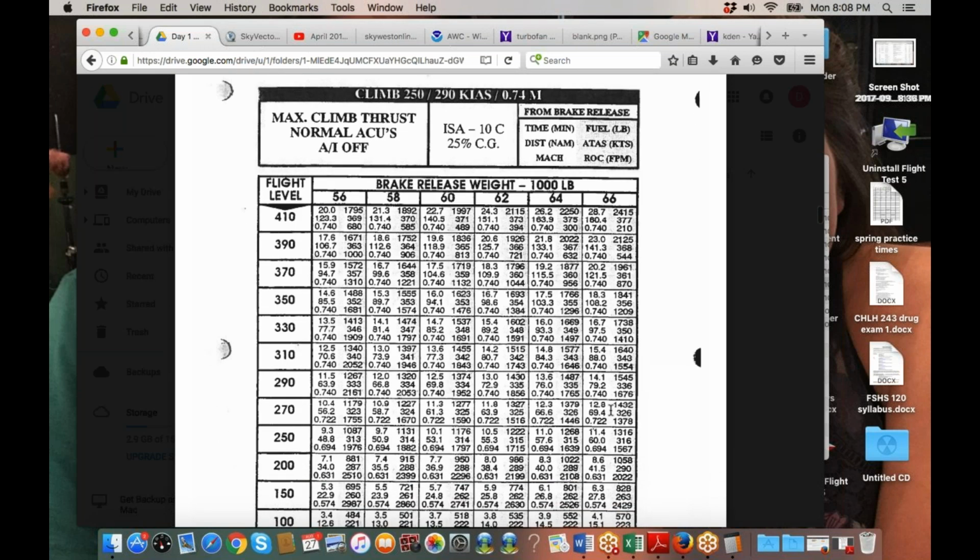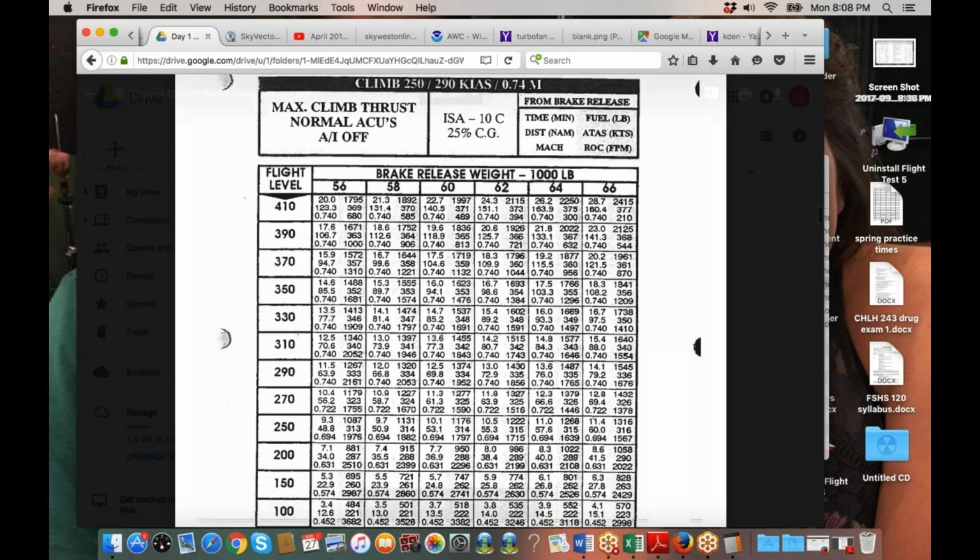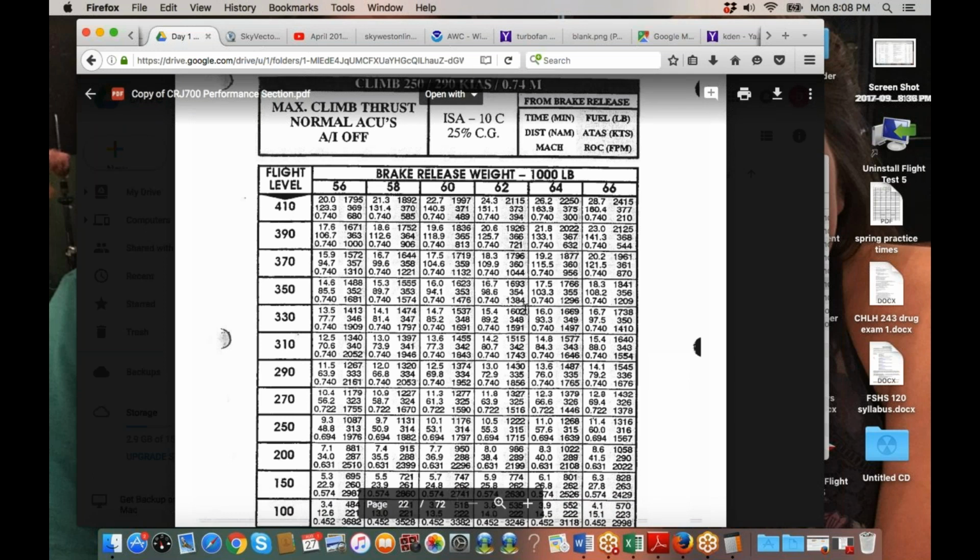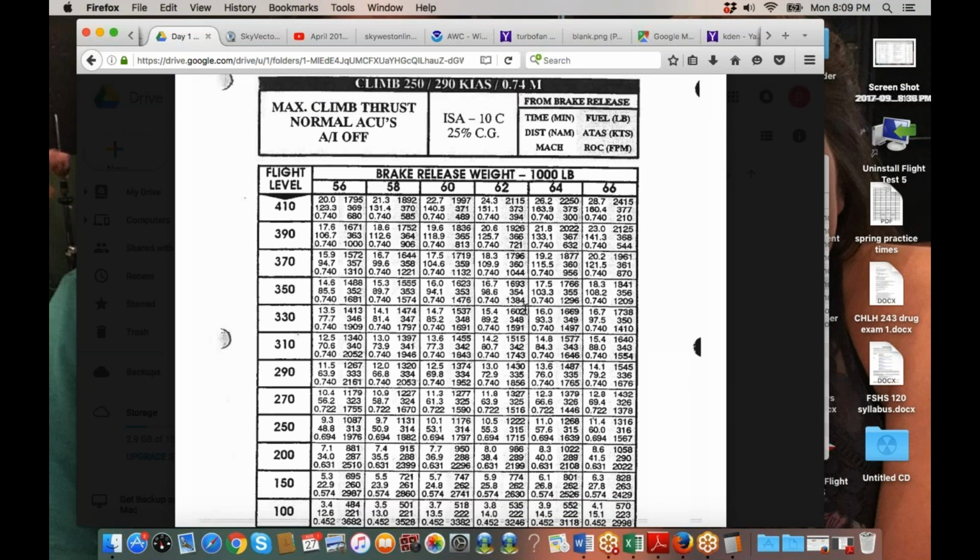Okay, this is actually a really cool one, and we'll talk about this one for a minute because you will use this in flight planning. This is a cruise table. So what this does is when we're doing flight plans by hand, we have to know from point to point how far we're going, and then we have to be able to plug that into these tables.